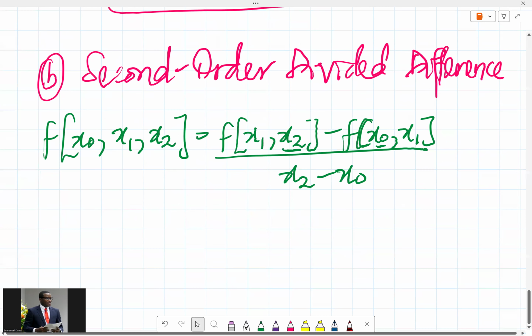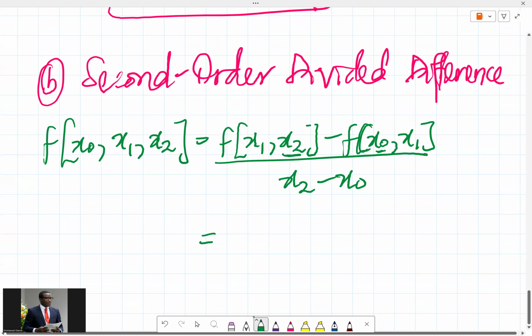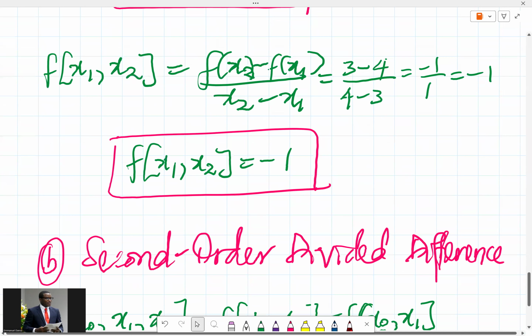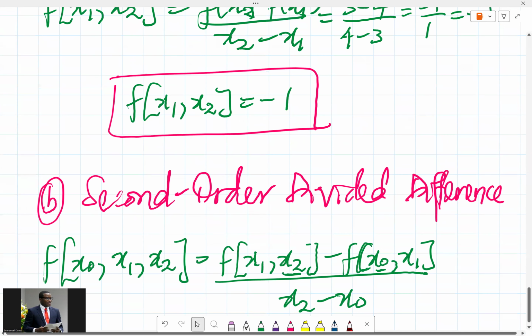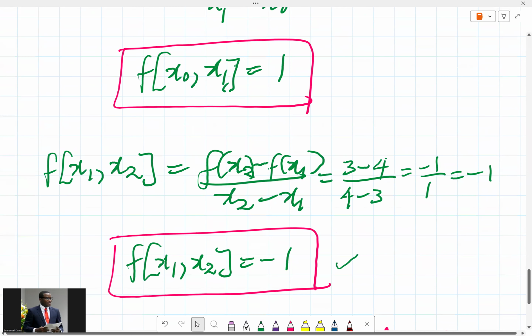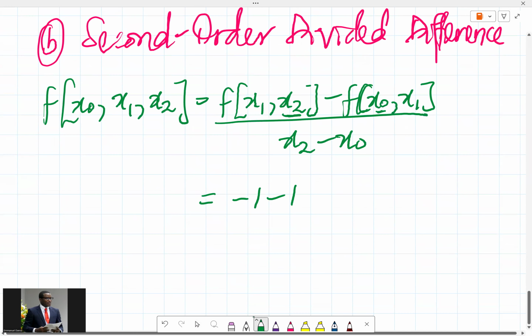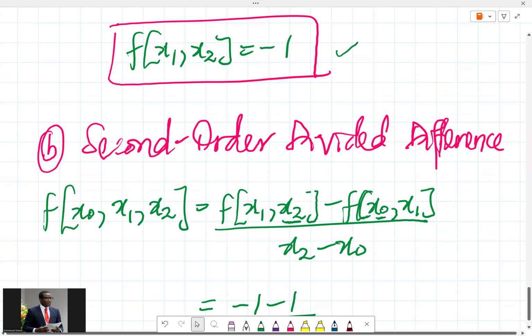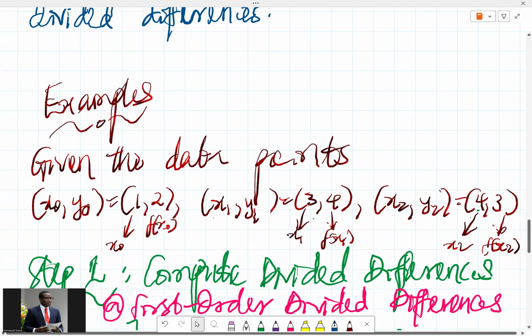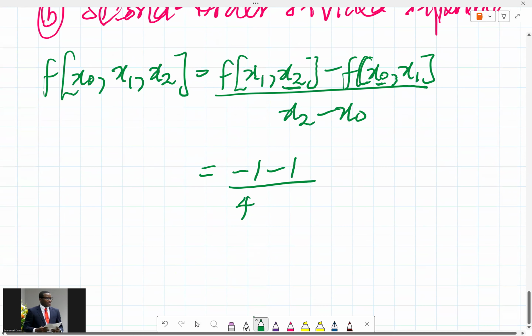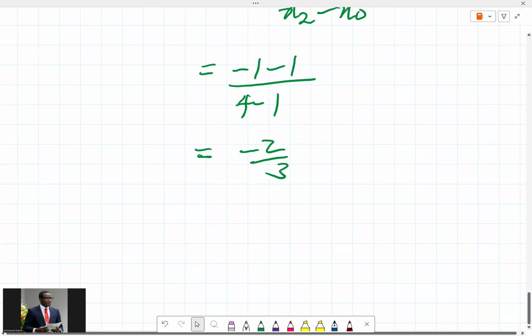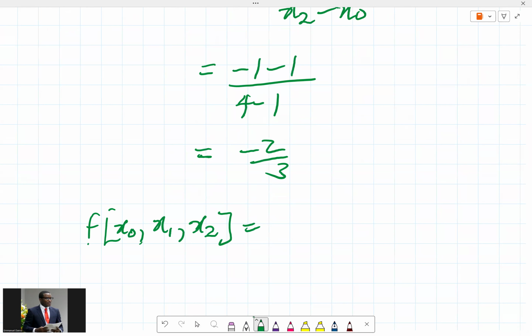We got f of x1, x2 to be minus 1, and f of x0, x1 is 1. So we have minus 1 minus 1, all over x2 minus x0. x2 is 4, x0 is 1, so that's 4 minus 1, and that is equal to minus 2 over 3. So f of x0, x1, x2 is equal to minus 2 over 3. We take note of that.